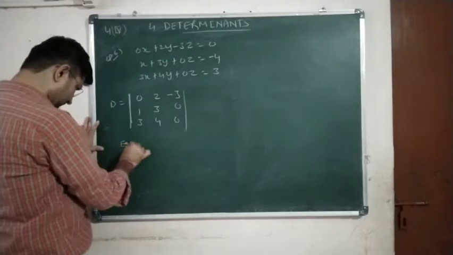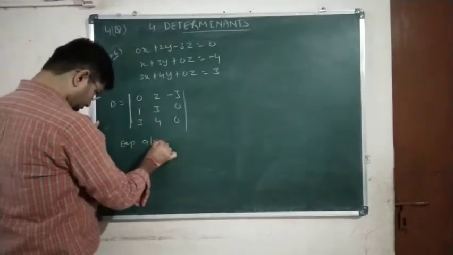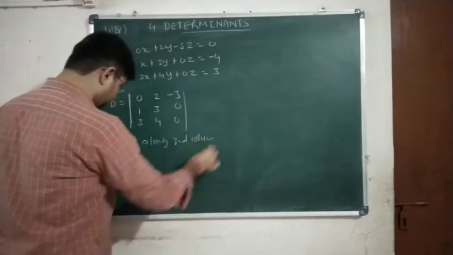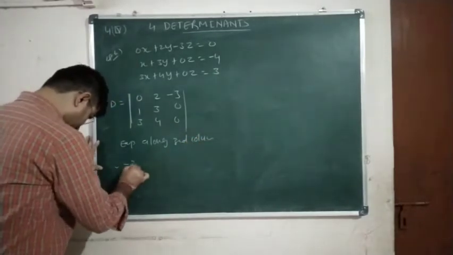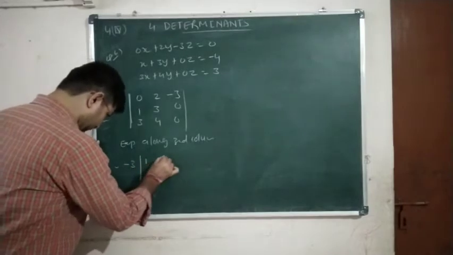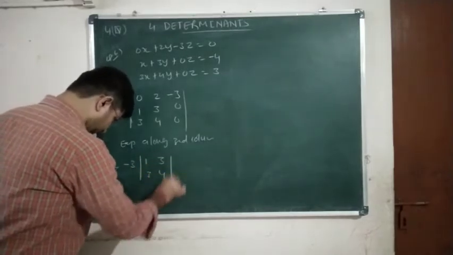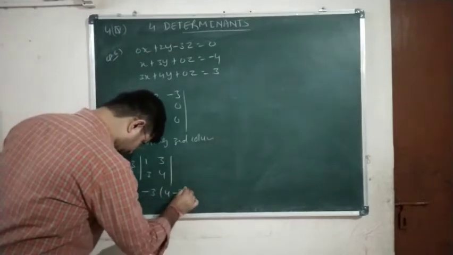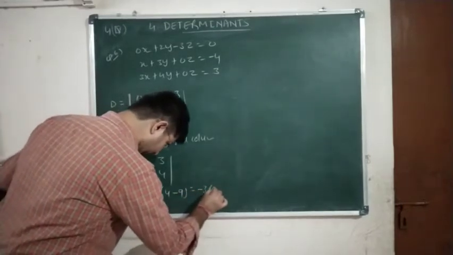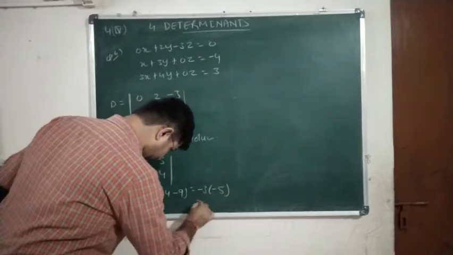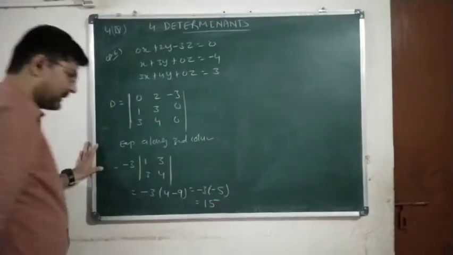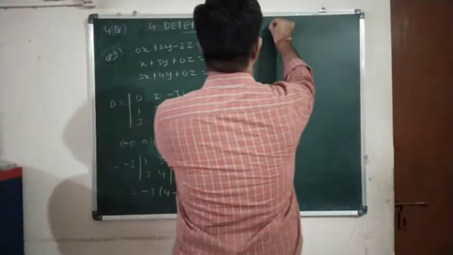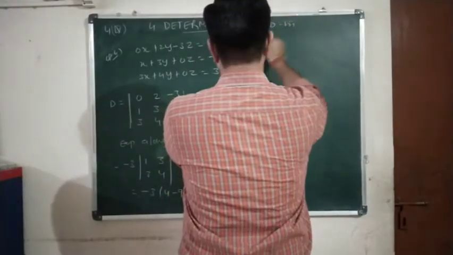Now expanding along the third column, because the third column contains two zeros, we get minus 3 into (4 minus 9), so minus 3 into minus 5 is equal to 15. So the value of D we got is 15.